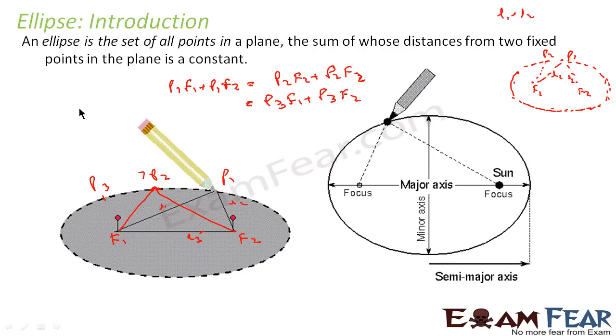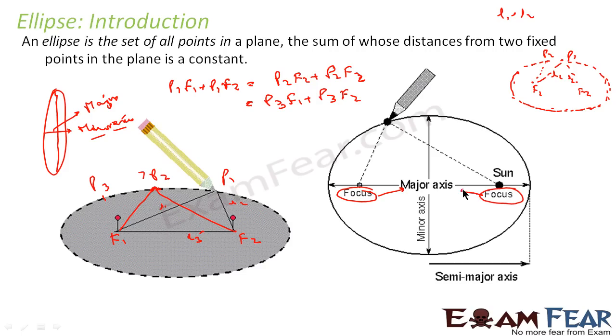For example, if you draw an ellipse like this, the longer one will be the major axis, and this one will be the minor axis. Focus will always be on the major axis. Correct?